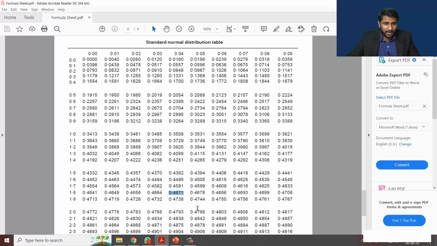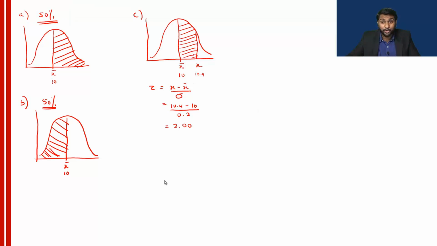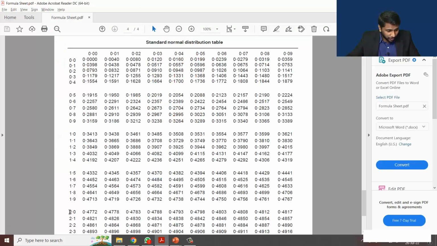What's the number? 0.4671. I'm asking, if your z-score is maybe 1.63, what's the number? 1.63. So 1.6 is here, and I have to find 1.63. What's the number? 0.4484. But in this question, what they are asking is 2.00, so 2.0 and the remaining 0 is here.